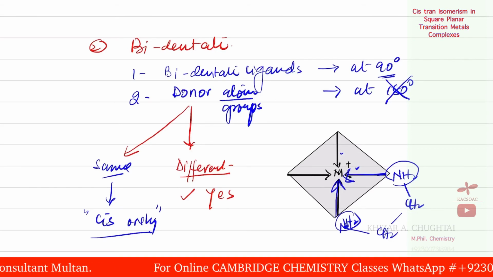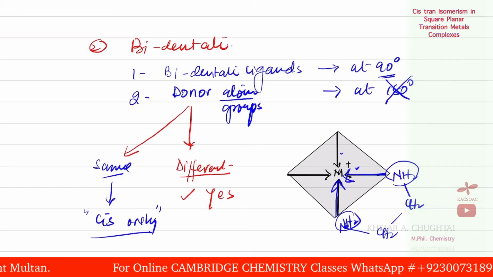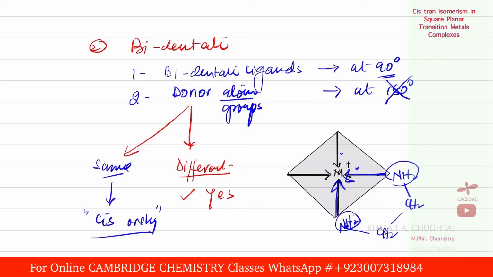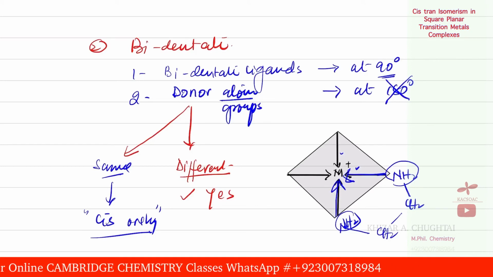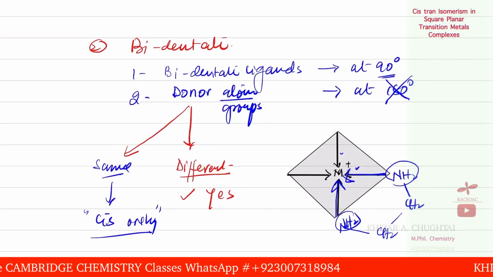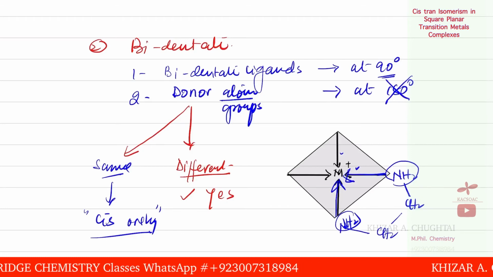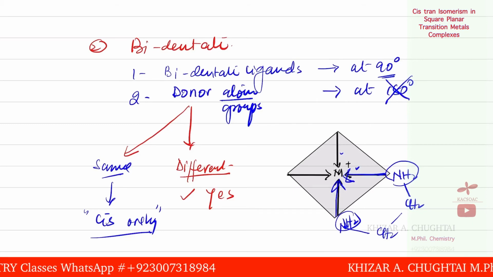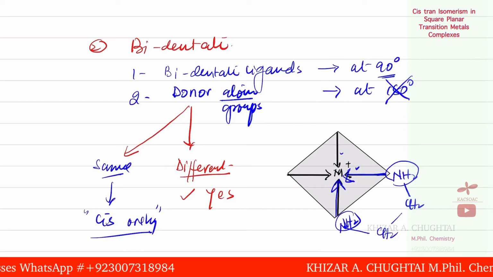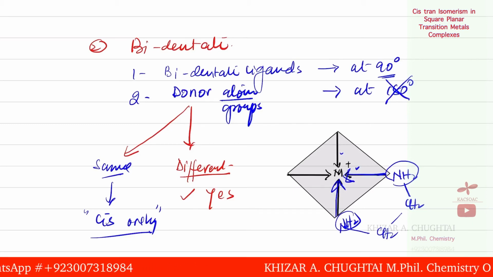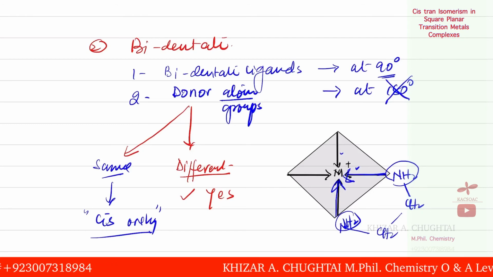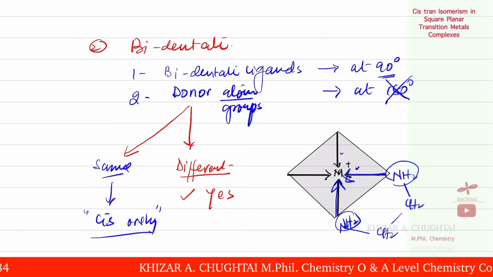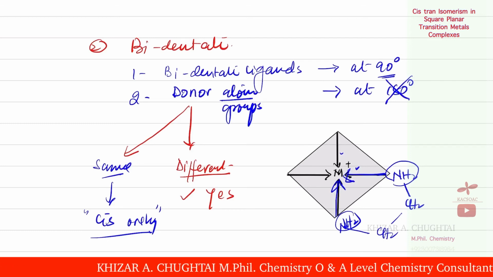In this case, the donor atoms are similar. If there is one bidentate ligand or two bidentate ligands with the same donor atom, then the only possible isomerism is cis. It may be cis in some cases.